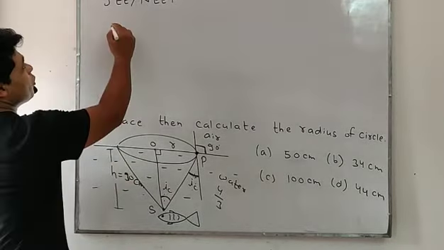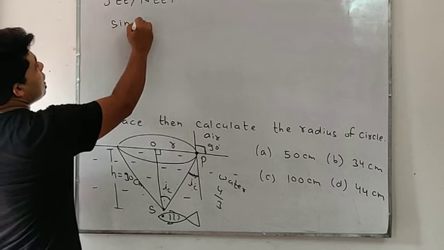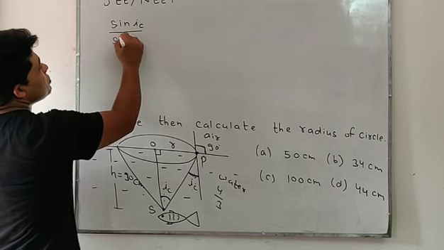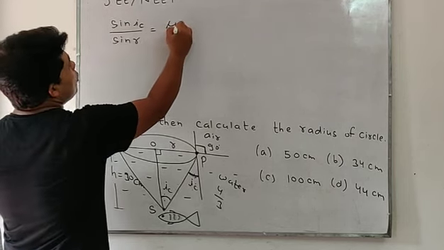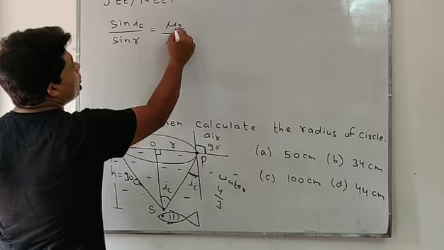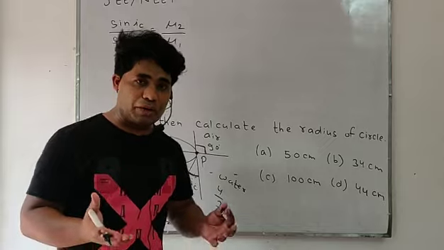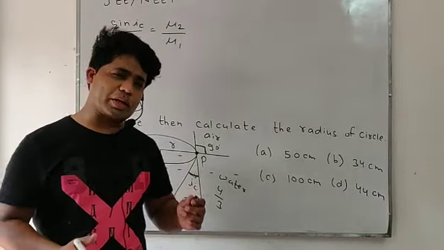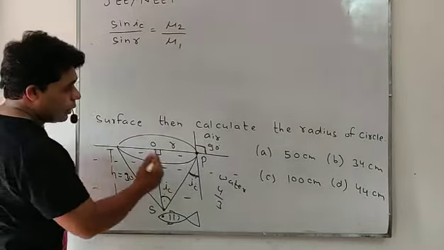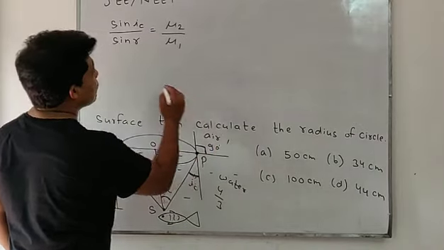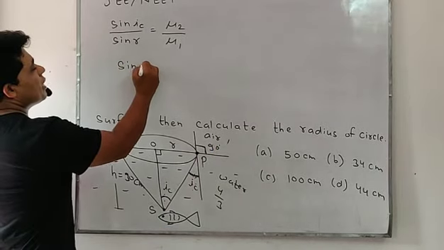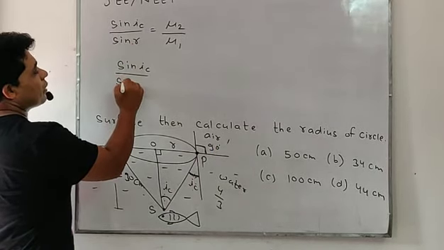So now students, we know the formula: sin i upon sin r equals mu2 by mu1. Mu is the refractive index. We can also write as n2 by n1. Refractive index we can represent either by mu or by n. Air having refractive index 1. So sin IC and sin r.